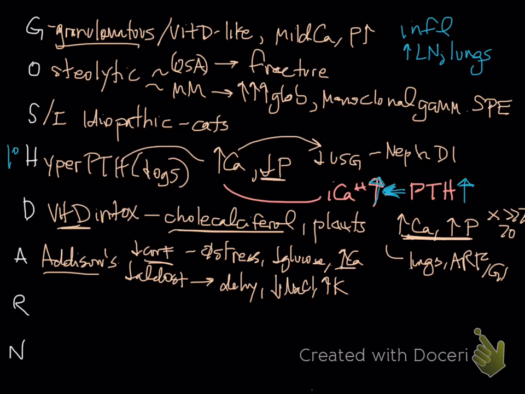All right, renal disease. Most of the time, renal failure causes hypocalcemia, but in around 10 to 15% of small animals, they will actually get an increase in calcium. So that's uncommon. And so they'll have an increase in calcium and increase in phosphorus.